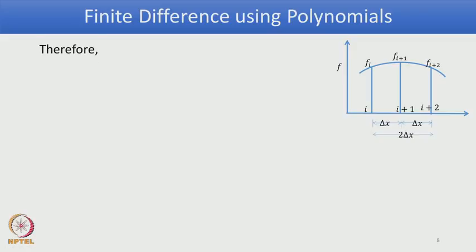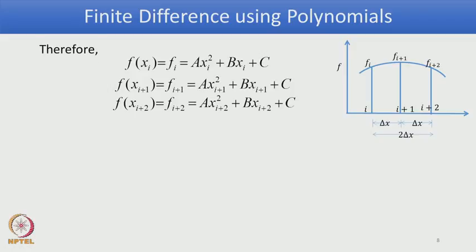If you evaluate that quadratic polynomial function at 3 different points that we have shown, I, I plus 1, I plus 2, the same function is repeated for different nodal points. F of I is a x I squared plus b x I plus c, and similarly for f of I plus 1 and f of I plus 2.